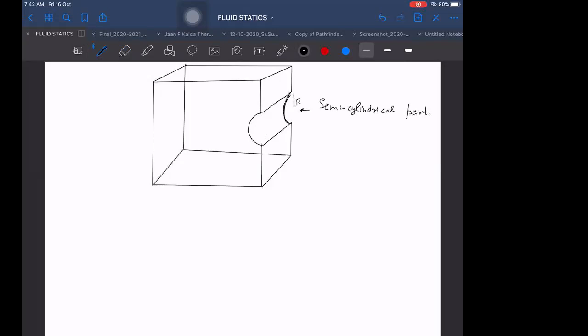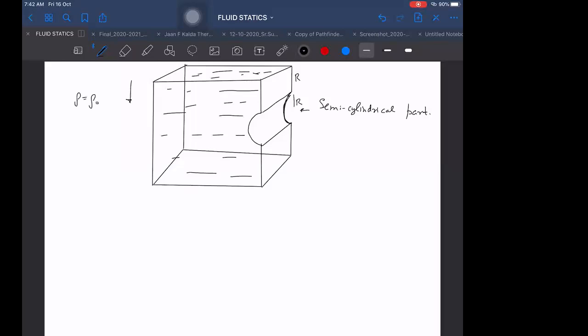The radius of the semi-cylindrical part is R, and above this you assume something, maybe R only. And liquid is filled up to the top of this. Now find out the force applied on the curved part if density is variable this time.